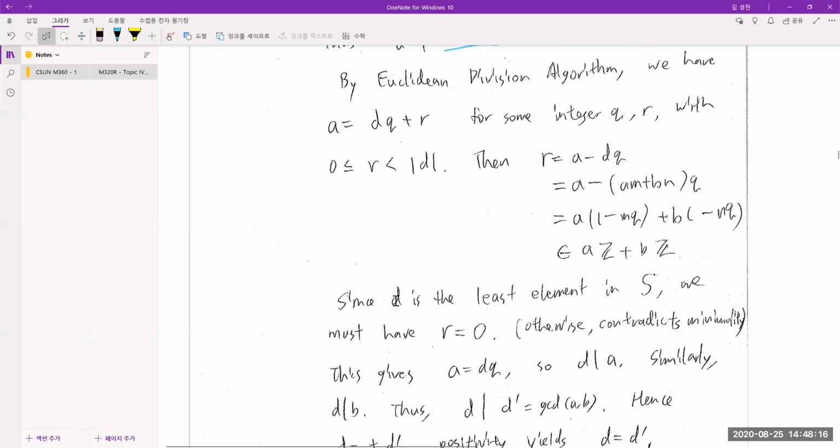So D is in particular the least element in the set S. Therefore, the R here cannot be in the set S as a positive element, since R is smaller than the absolute value of D. D is positive, so the absolute value of D equals D anyway, but R is less than D. If this R were positive, what would happen?